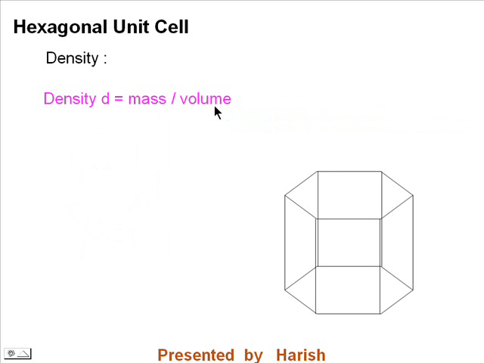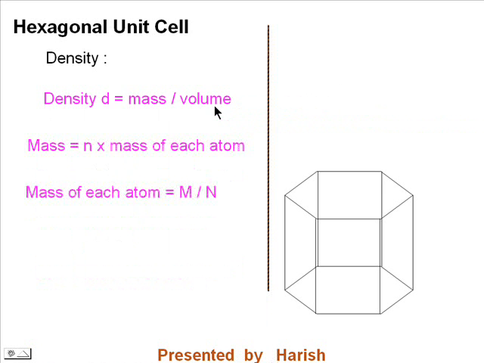Density is mass by volume. Again, mass is equal to mass of each atom multiplied by the number of atoms that are present. Then you get again D is equal to Nm by V into N. This N is the number of atoms that particular unit cell owns, the effective number of atoms, and we just now calculated that it's going to be 6.